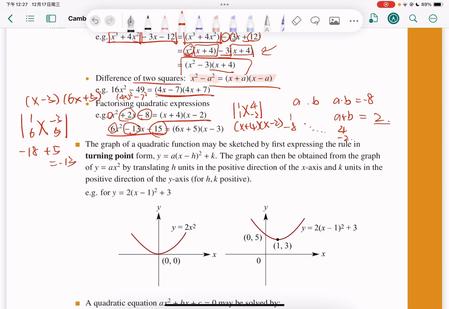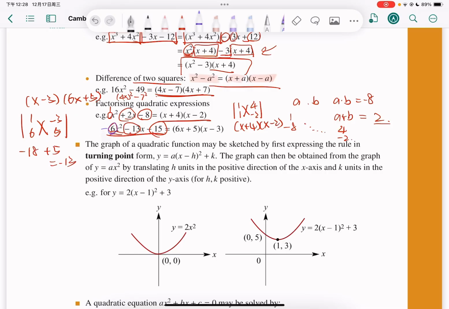In this case, if the constant in front of the x squared is not 1, like in the previous case, then we need to introduce 2 new variables, which are factors of the 6.